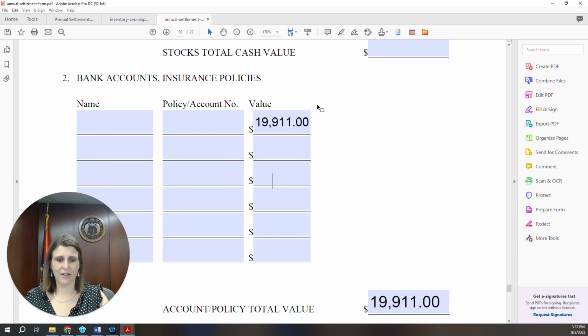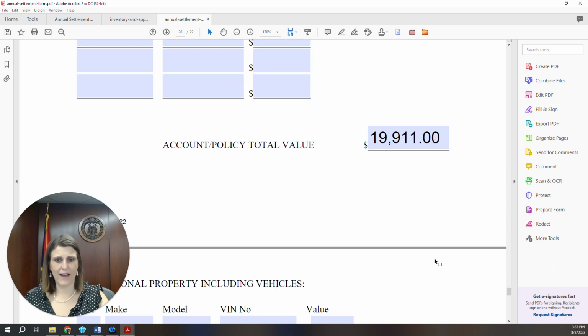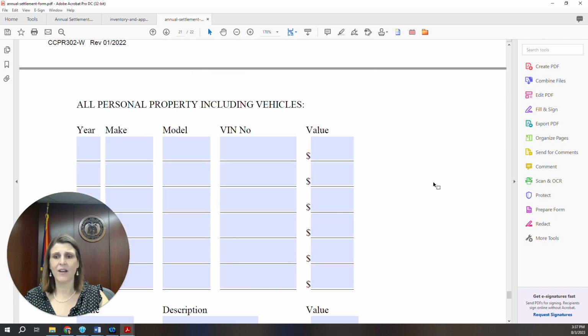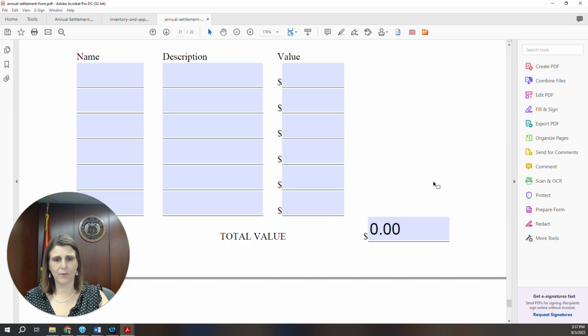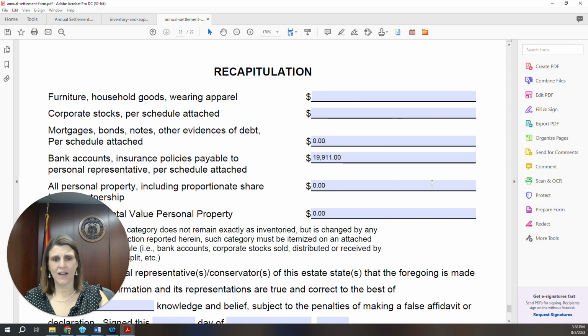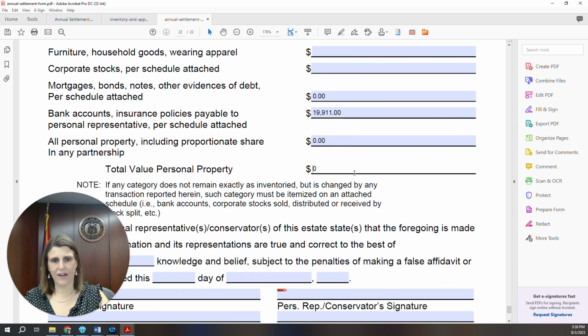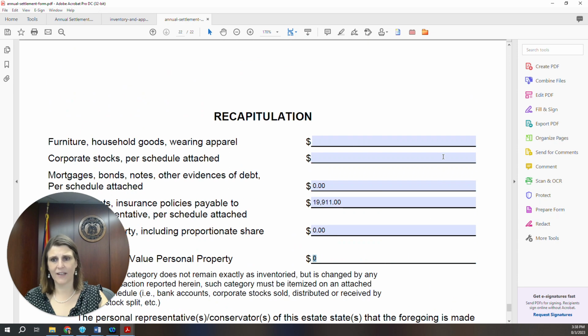And that should be what's on the bank statement. Everything should match exactly what we have in regards to that. So we want to make sure everything matches and that we've got everything down there, okay? And then once we have all of that information, then we'll be able to get that. A lot of people don't know you can put the zeros there and then it'll add up for that.